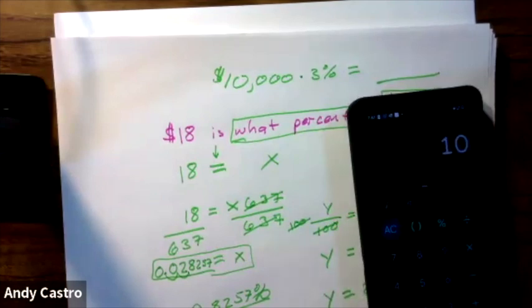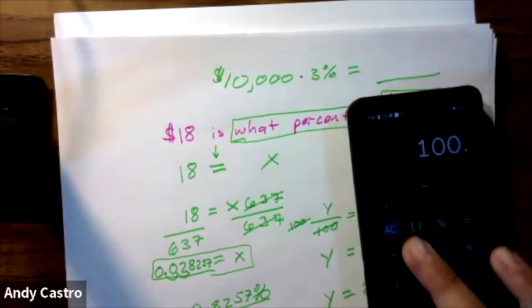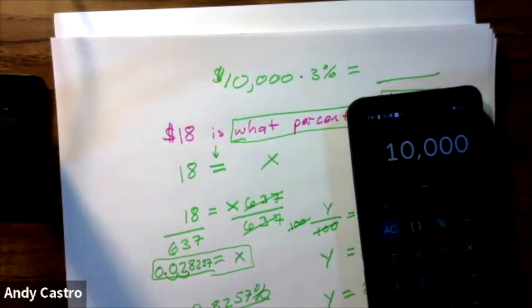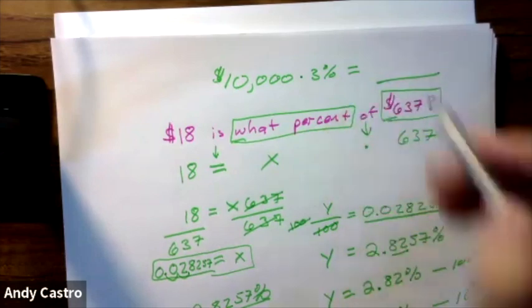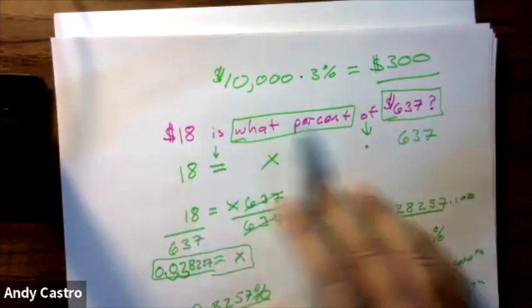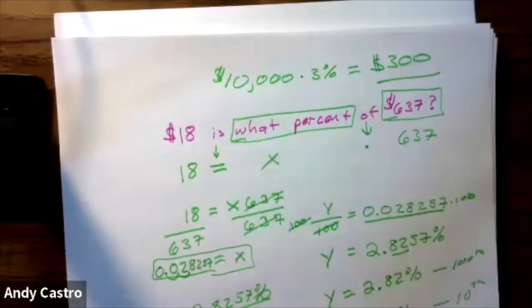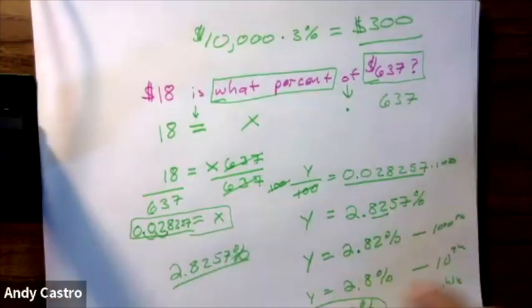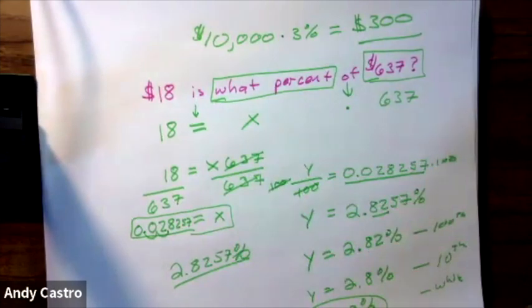So $10,000 times 3%, which is 0.03, that's 300 bucks, right? So this is how algebra begins to help you when you have businesses, when you're out there in the world doing your things. When I'm figuring out finances and stuff, I'm using algebra all the time.